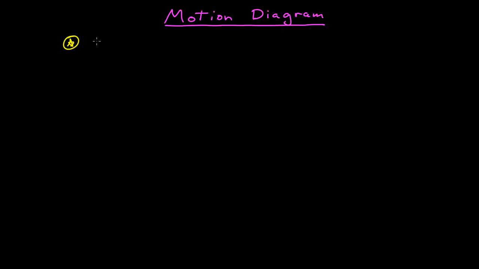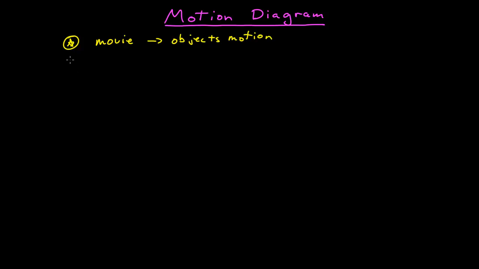A motion diagram is like a movie of the object's motion, where the frames are rare enough that you see discrete motion instead of continuous motion.